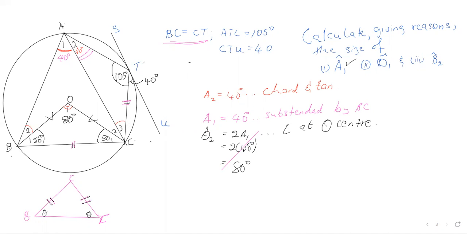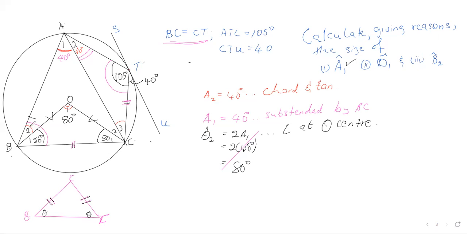But this angle here plus this angle here, these are opposite angles of a cyclic quad. They must give us 180 degrees. Opposite angles of cyclic quads are supplementary.